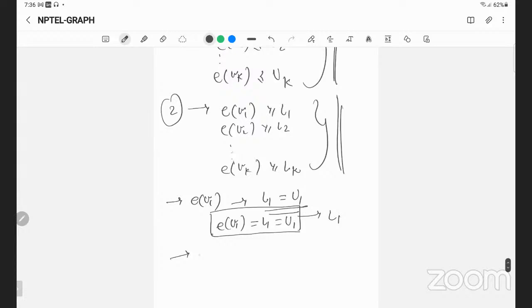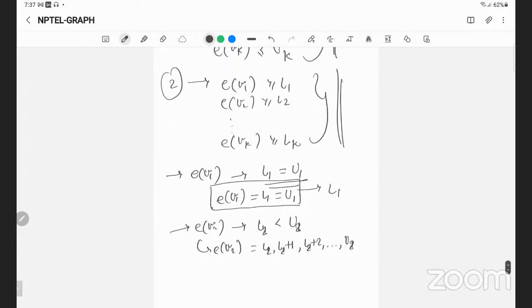Let's say for V2, L2 is less than U2. So in this case, EV2 can be L2, L2 plus 1, L2 plus 2, up to U2, right? I put 2 just to differentiate it from EV1. So if L2 is less than U2, we are able to give multiple values to EV2.